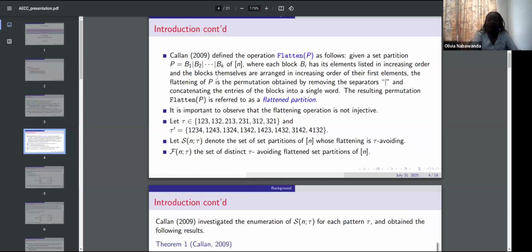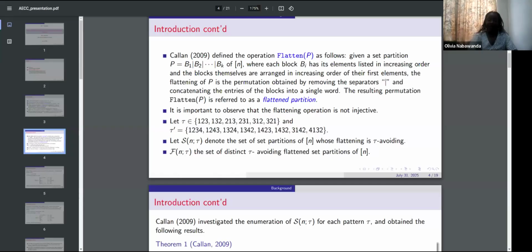And these blocks are also arranged from left to right in increasing order of their first elements, meaning that the first entry in B1 has to be less than the first entry in B2, and so on up to the last block. So when you remove these marks here, which are separating the different blocks, and then write the resulting word as simply a single word, then the resulting permutation is what we call a flattened partition.